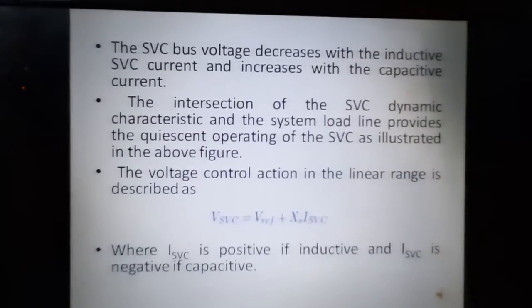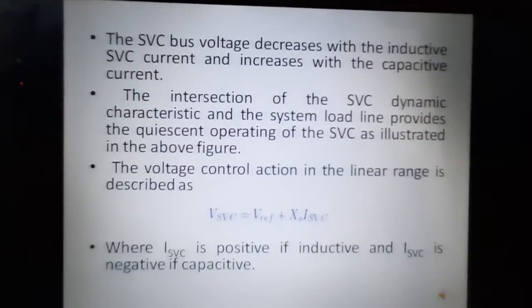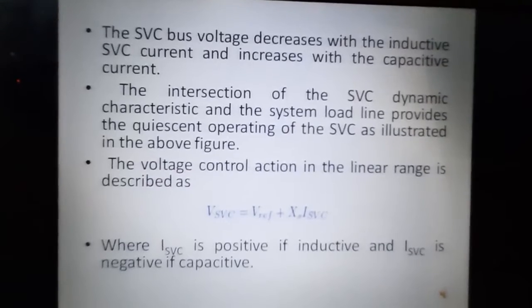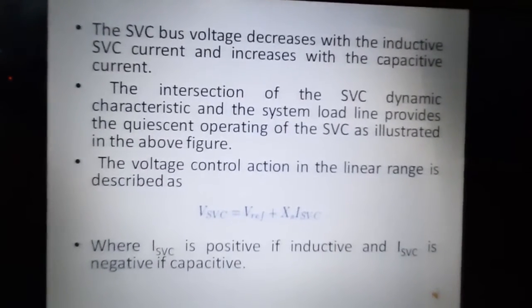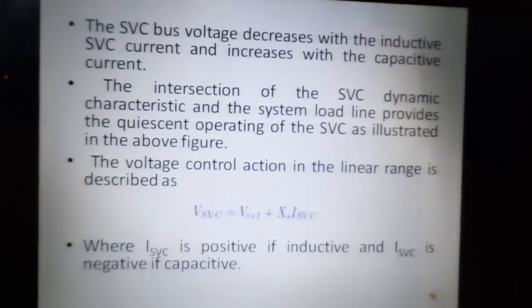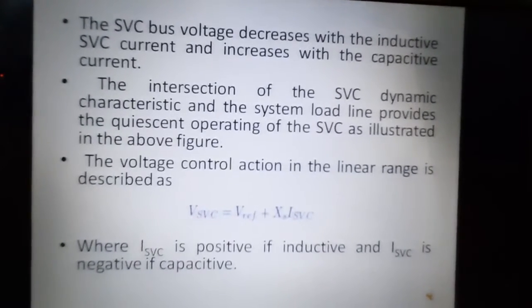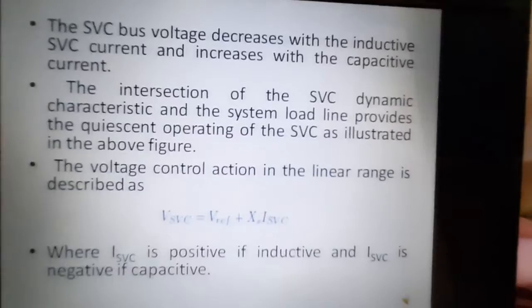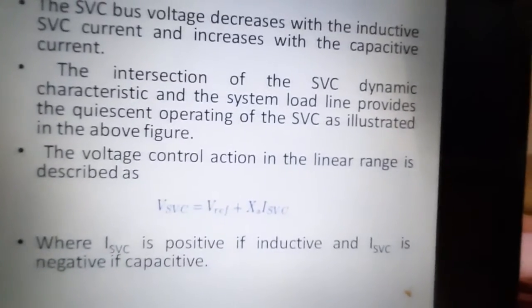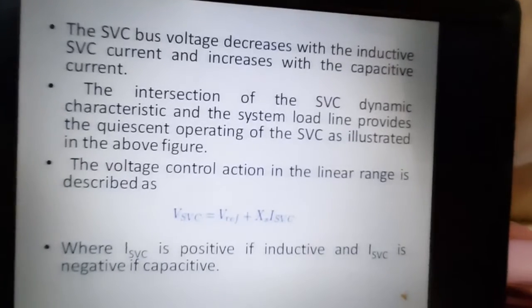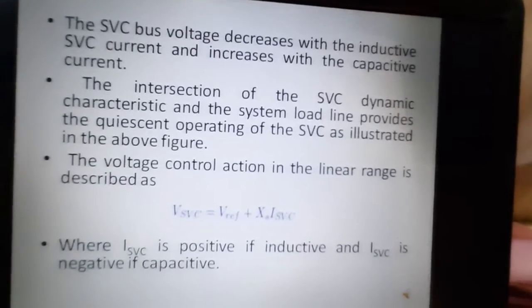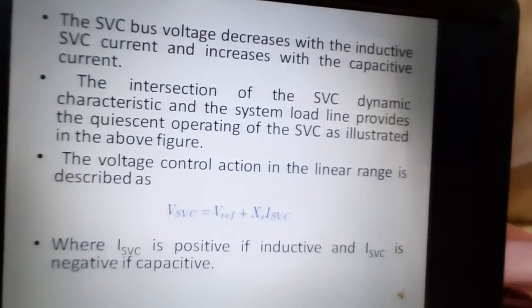After knowing the VI characteristic of SVC, the following points are observed. The SVC bus voltage decreases with inductive SVC current and increases with capacitive current. The intersection of the SVC dynamic characteristic and the system load line provides the quiescent operating point of the SVC.